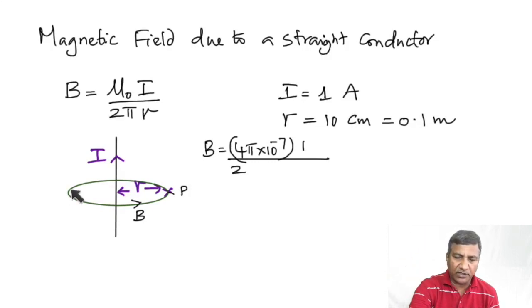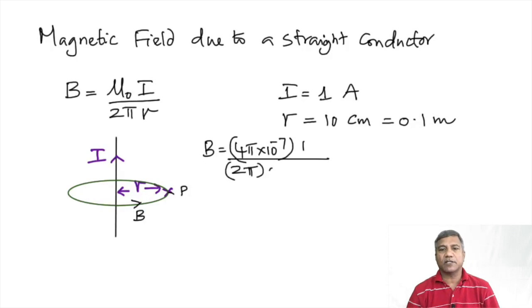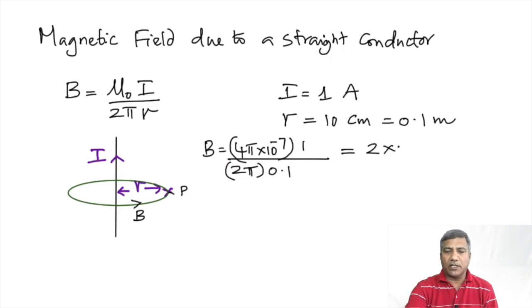And if we were looking at this point Q, maybe it would be perpendicular to the screen again, but out of it. All right, and the value of the magnetic field is mu naught times I, which is 1 ampere, over 2 pi times r, which gives you 2 times 10 to the negative 6 Tesla.